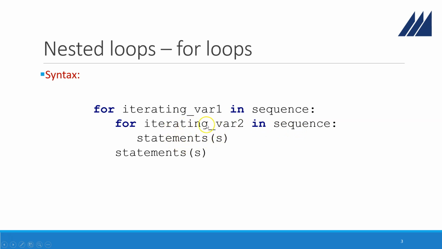Then I go to another value, and so on and so forth. Once I'm done with all the items of my sequence, I will continue with the rest of the statements, if there are any, for the outer loop, then I will go back here and change the value to the next item of the sequence.